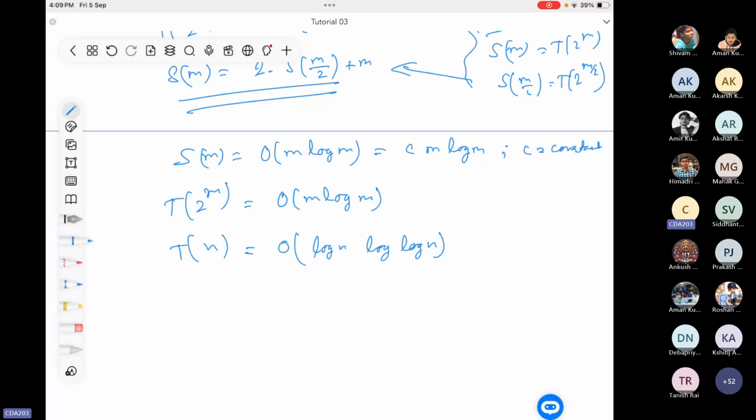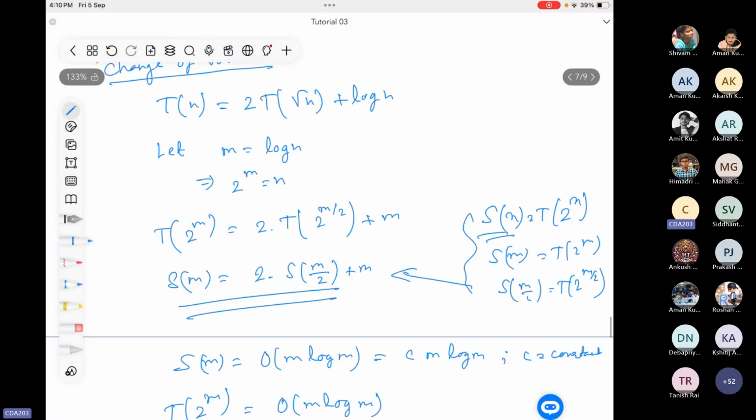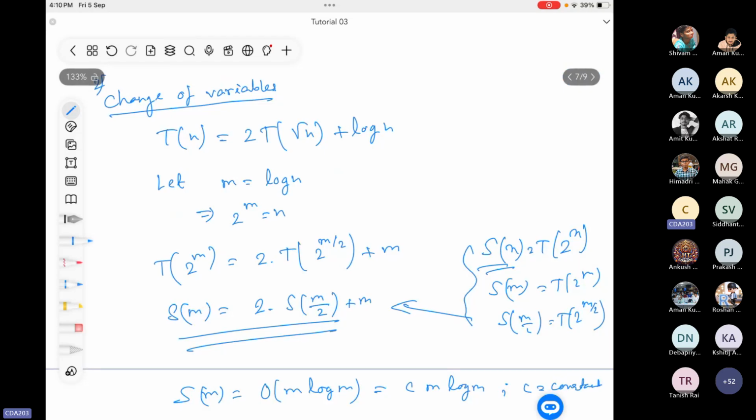It's another interesting technique, but this technique also is a little bit difficult because you have to change the variable in such a way that you can transform this recurrence into a simpler form. For example, you are dealing with root n here, and the log n factor helped.